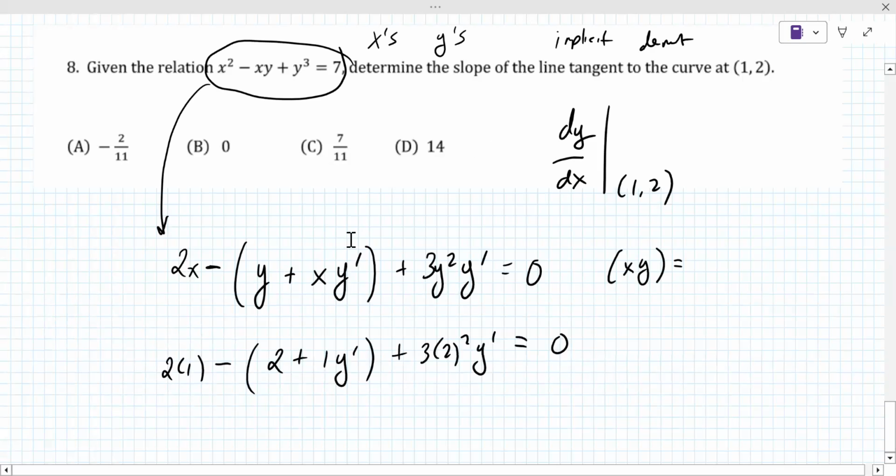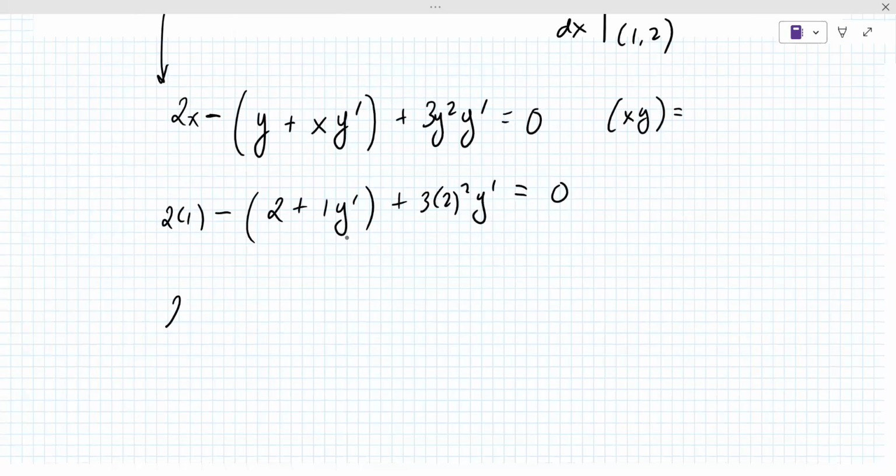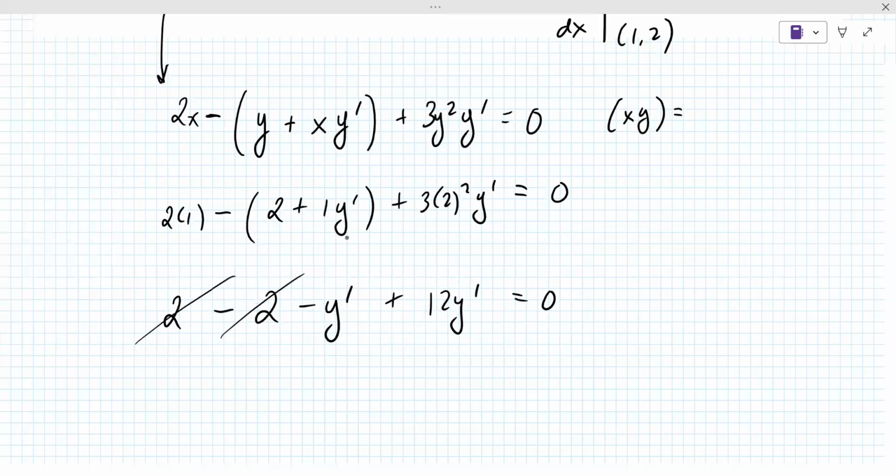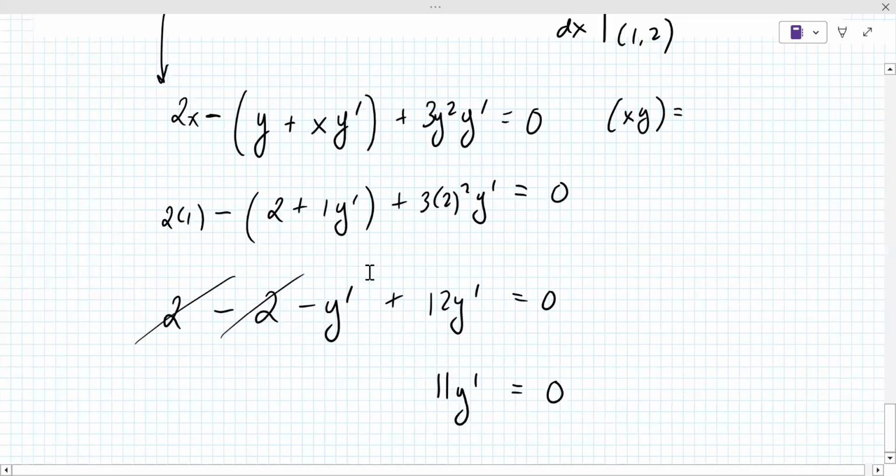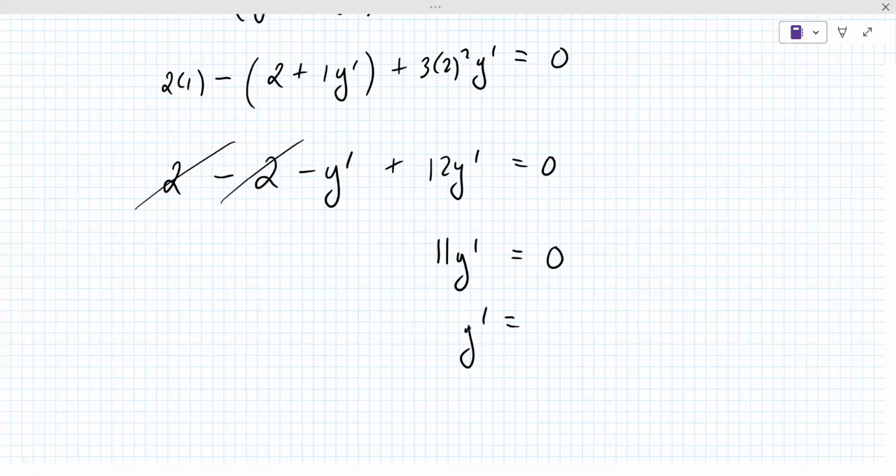Either is fine, but I feel sometimes like I want to get there as quickly as I can. 2 squared is 4 times 3 is 12, 12y prime equals 0. All right, so now the 2's cancel. That's nice. And we are left with 11y prime equals 0. You can combine them algebraically. So y prime would end up being 0.